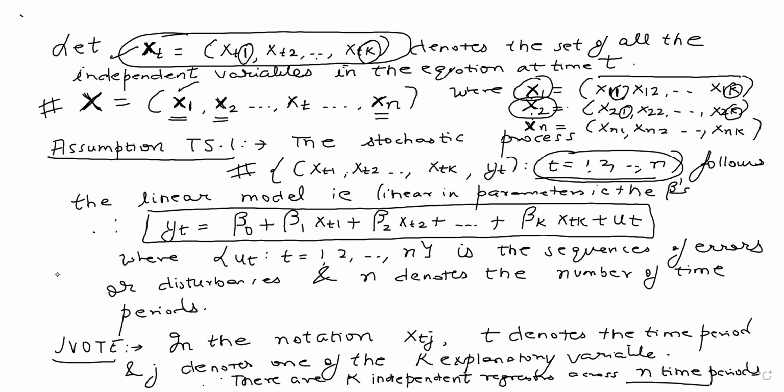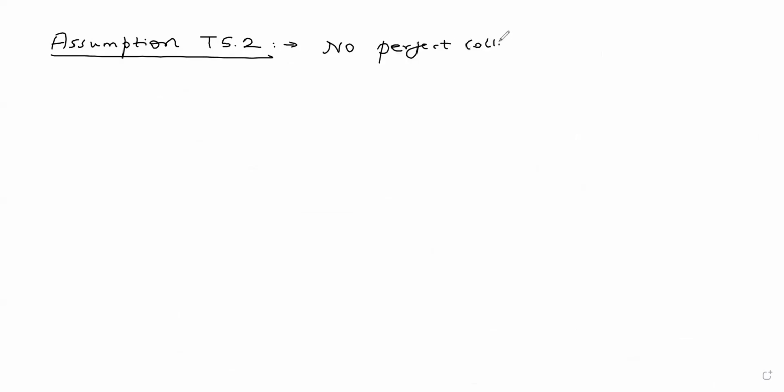Okay, erasing all this off, let's look at assumption TS2, assumption time series 2. This assumption is again talking about no perfect collinearity. Although we would expect some degree of collinearity, it's not perfect among the explanatory variables.